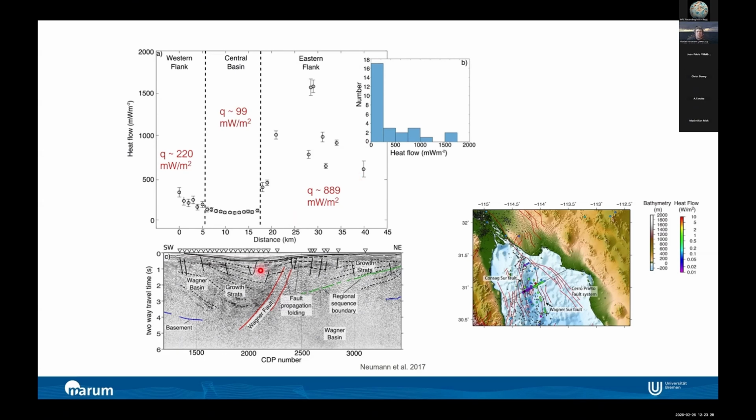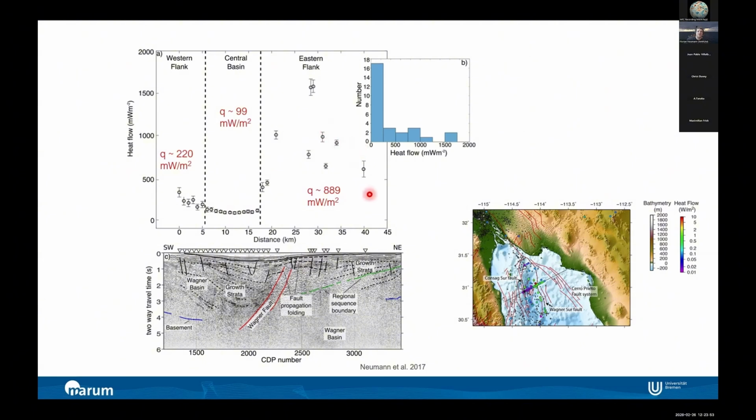The different heat flow values are controlled here by some fluid circulation along this major fault called the Wagner fault. If we cross this fault, there are high values, and we interpreted that fluid is coming from the deeper parts of the basin along the faults, and then also redistributed over the smaller faults in the shallower parts of the basin onto the seafloor.